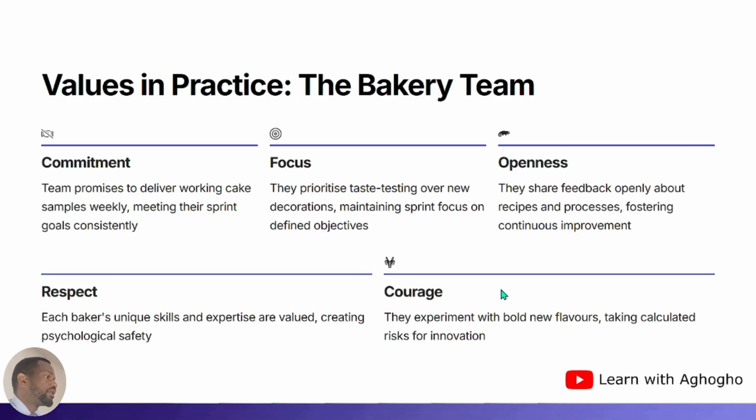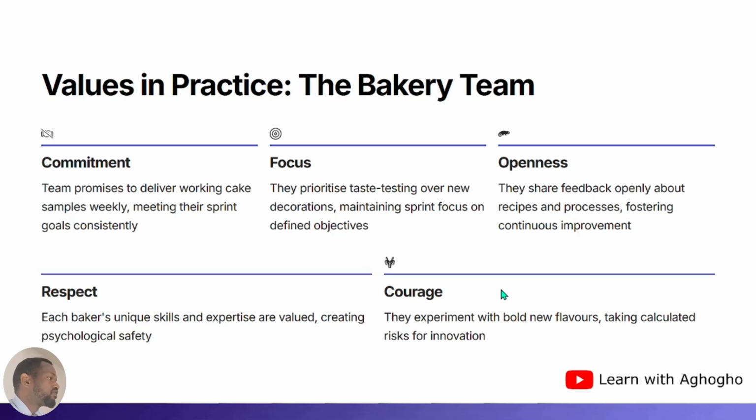Focus: they prioritize taste testing over new decoration and maintain sprint focus on defined objectives. So their priority is on good taste rather than the beautification of the cake itself.